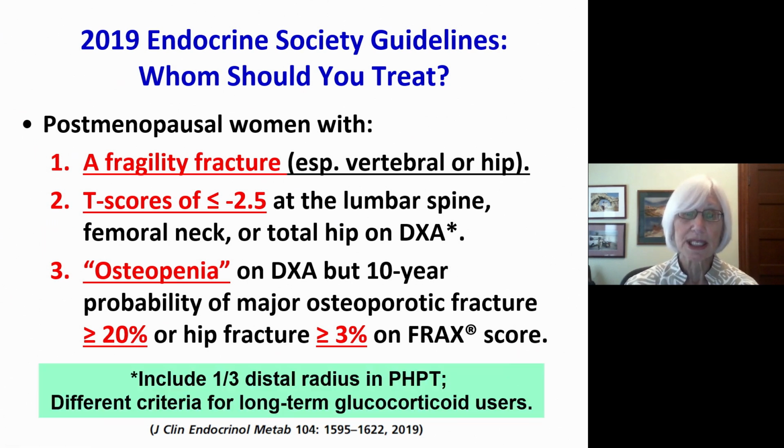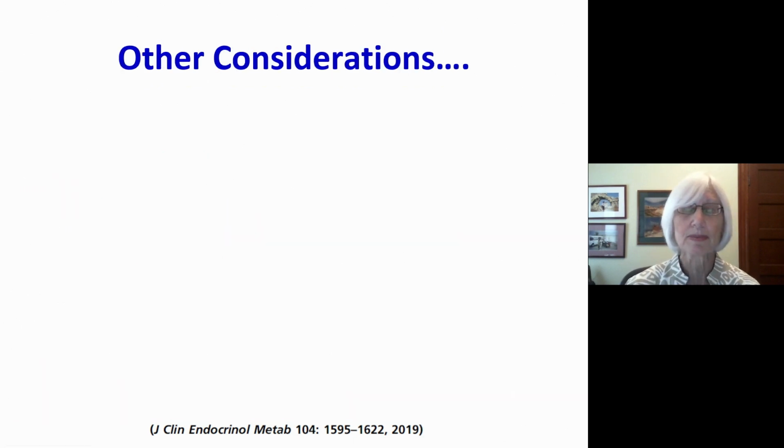And I would say that if you have a patient with primary hyperpara, you want to always get the 1/3 distal radius on the DEXA as an extra site because that's mostly affected by primary hyperpara. And I'd also say that these criteria for treatment are different in patients with long-term glucocorticoid exposure.